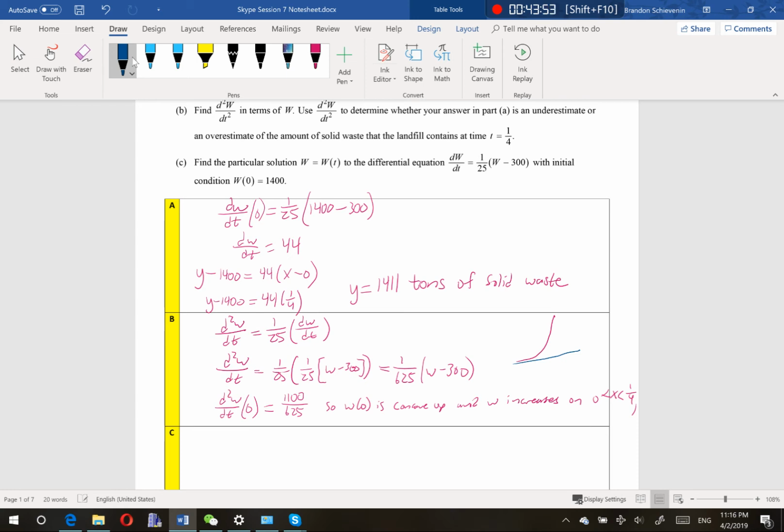So our function looks something like this in red, but our estimate would have looked something like this in blue, because we use the same slope that we had at the original point to keep going and make our estimate. So I could say, therefore, our tangent line approximation underestimated the waste.